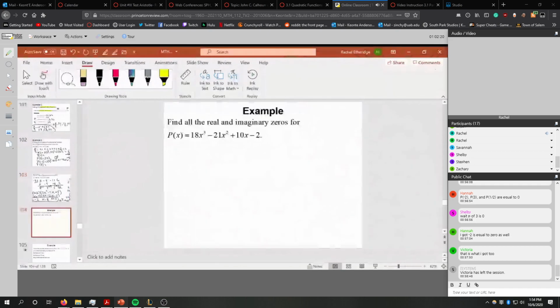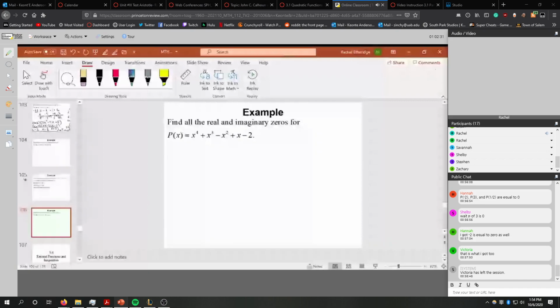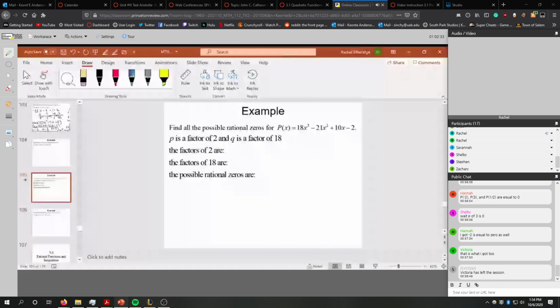I think I will skip that one and let you do it, because I want to do one that's got, this is getting you started on it. So you find your possible zeros, and then actually this slide should be here.